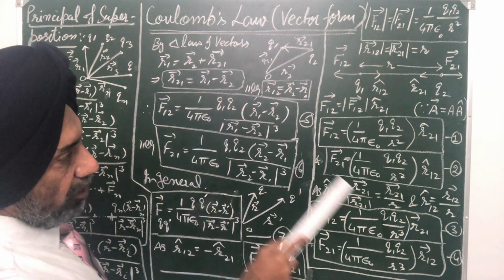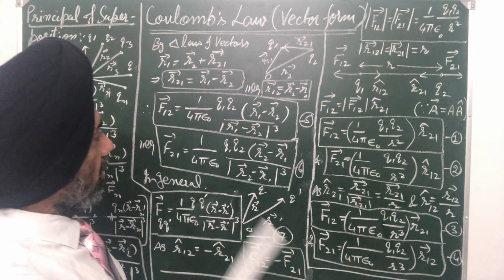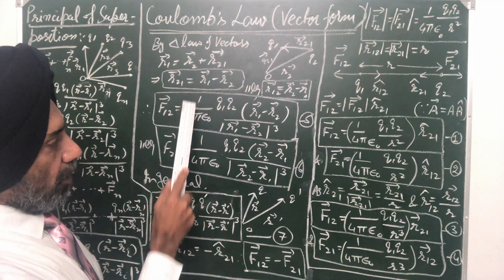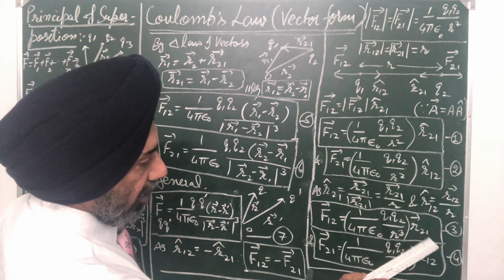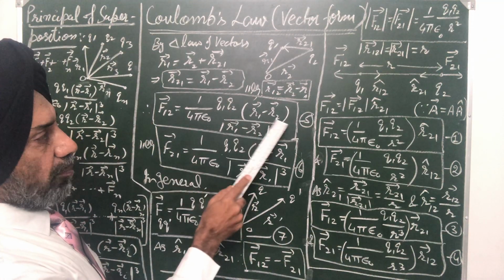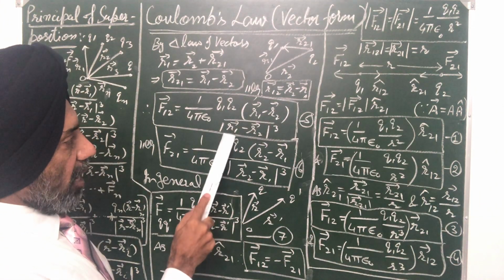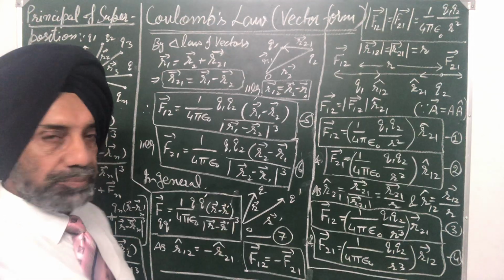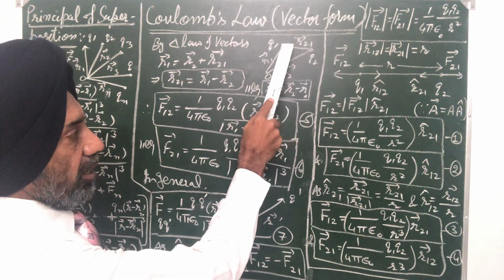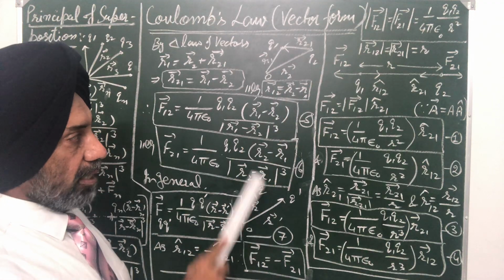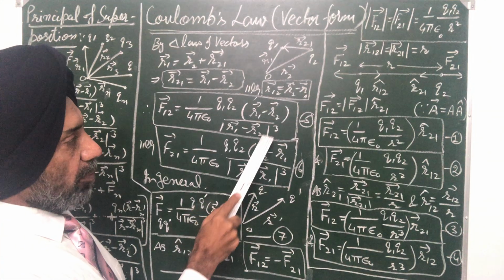So if we substitute these values in equations 3 and 4, we have F12 equal to 1 upon 4 pi epsilon naught, Q1 Q2 same. Instead of R21, we write R1 minus R2 upon R1 minus R2 mod cube, because separation between Q1 and Q2 is R21 mod, which is R1 minus R2 mod.